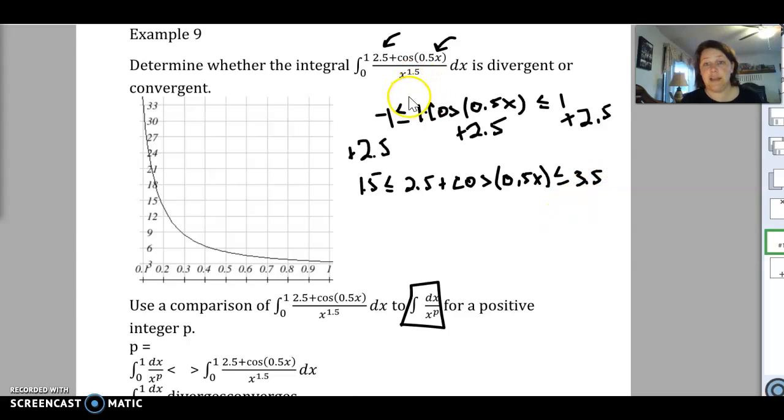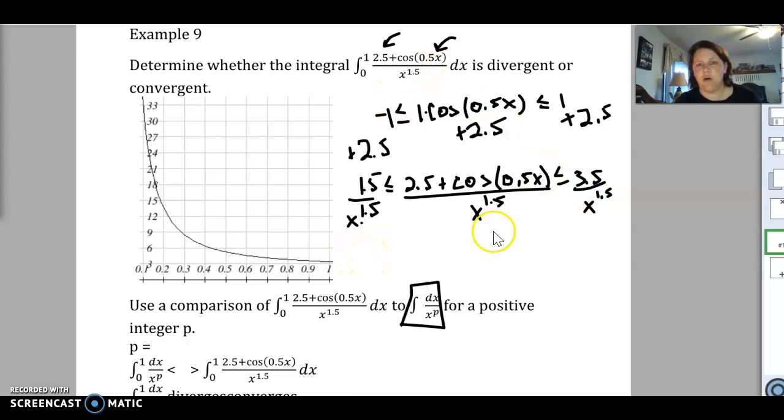Okay, now the only thing I have left to do is to divide by x to the 1.5. If I do it to my middle expression, I have to do it to all of the others as well. So what I have been able to show here is that this equation, given above, is always going to be in between 1.5 over x to the 1.5 and 3.5 over x to the 1.5.